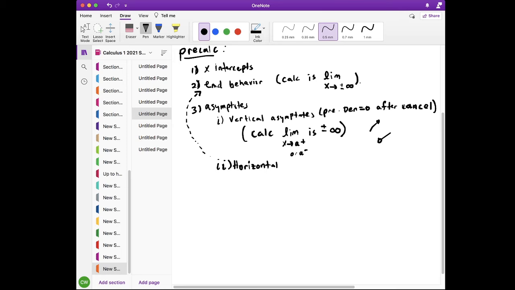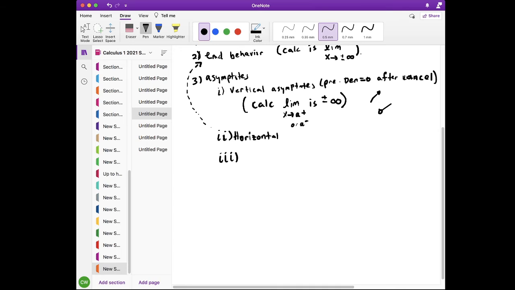Any other asymptotes? Do you remember another asymptote out there? There's one other kind of asymptote, which we didn't talk much about in this class, but maybe we will now. What's the third type of asymptote? A hyperbola kind of looks like this type of asymptote, but it's not only for hyperbolas.